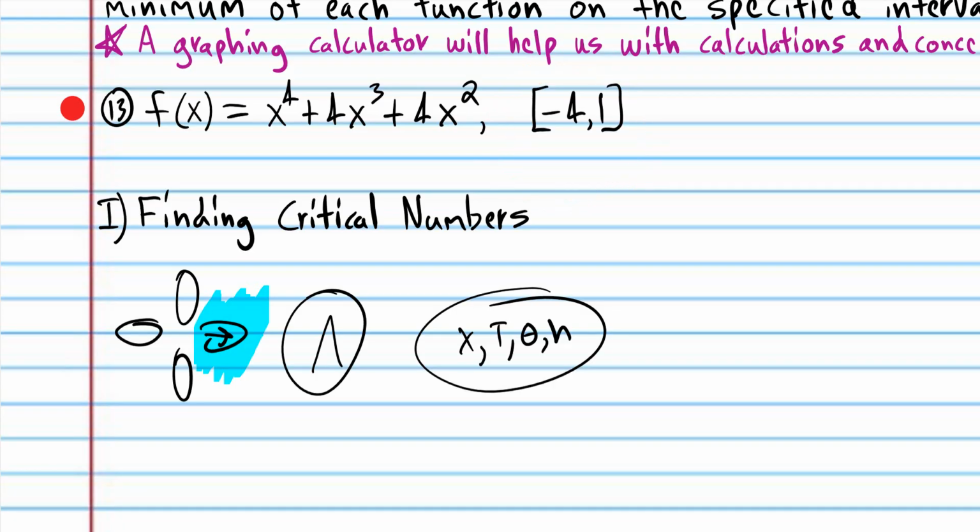So I'm going to enter -5 for x minimum and +2 for x maximum, because I want my window to be a little bit bigger so we can see what's going on. And for y minimum, I'm going to enter -10, and for y maximum, +10. We don't really know what the vertical window should be, but I'm just going to guess.